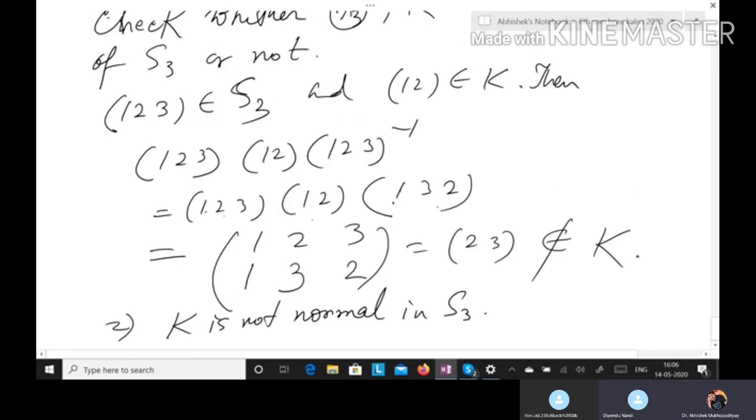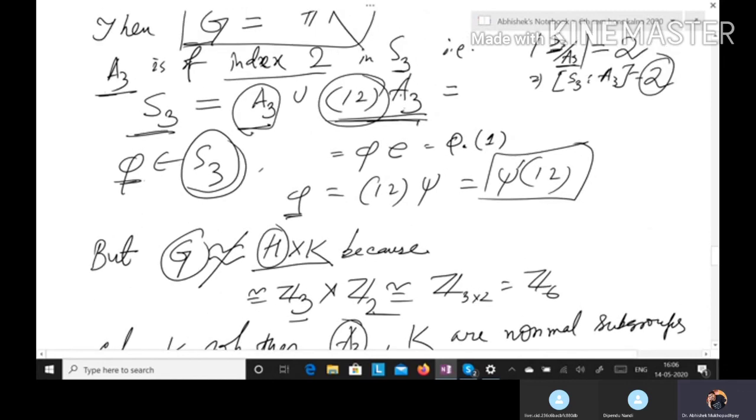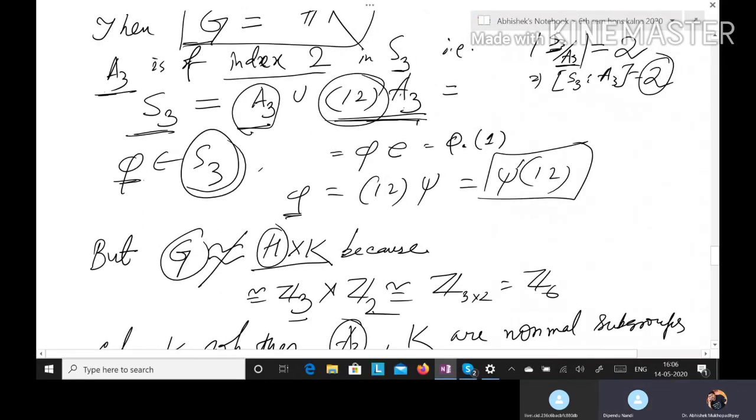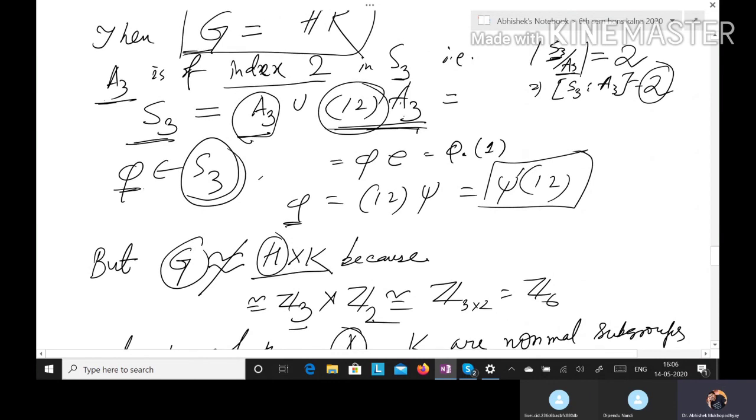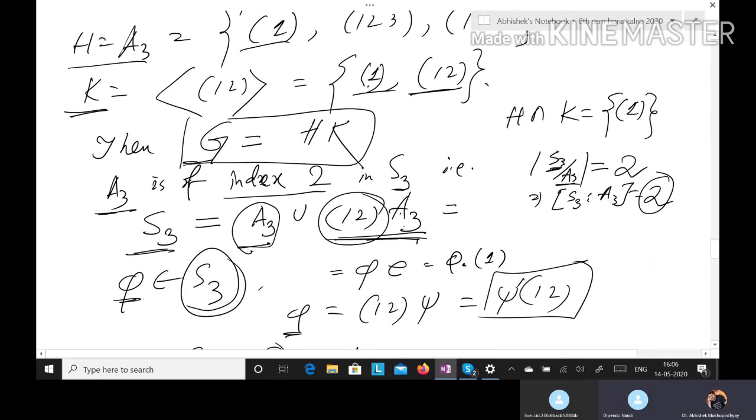So this example indicates that all the conditions for a group G to be an internal direct product are satisfied except one. What is that?